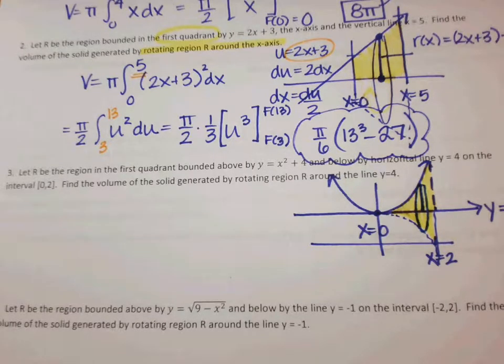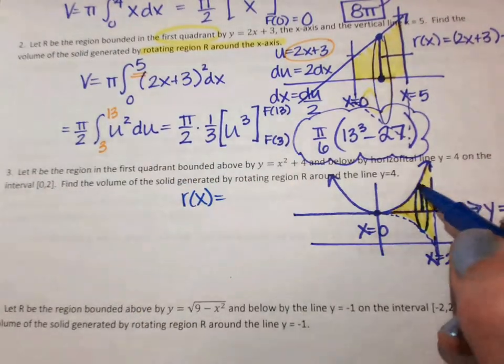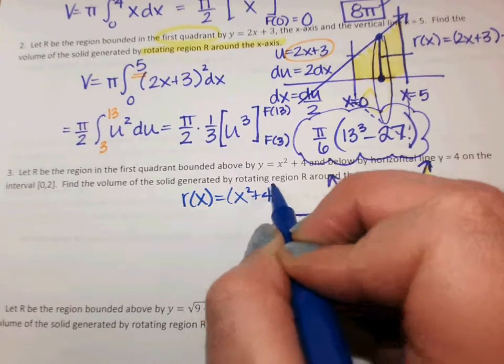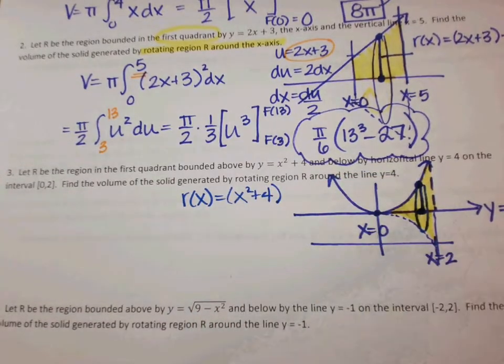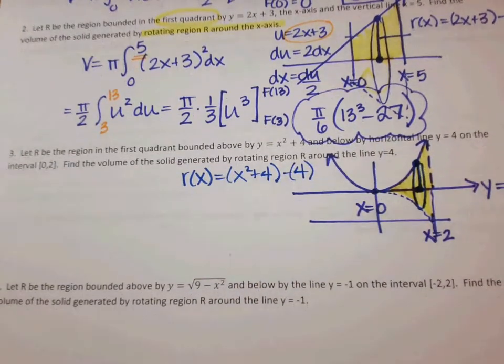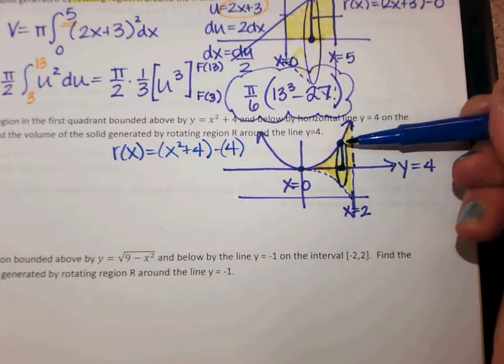Right to left or top minus bottom? Okay, what's the top function that I'm touching right here? x squared plus 4. And what's the bottom function that I'm touching? 4. Okay, so the top is what the top of your radius line is touching. That would be this. And then the bottom is this.